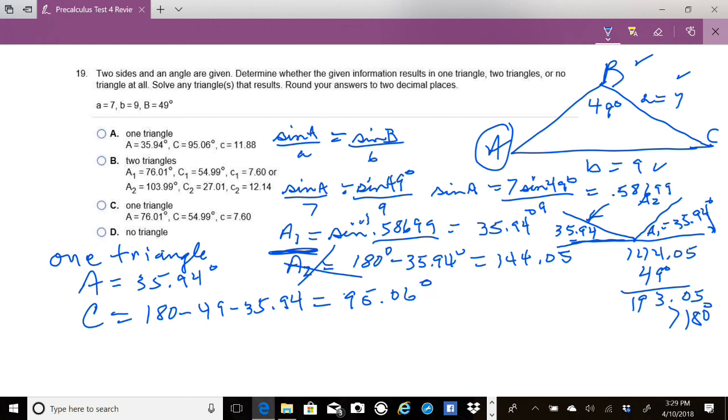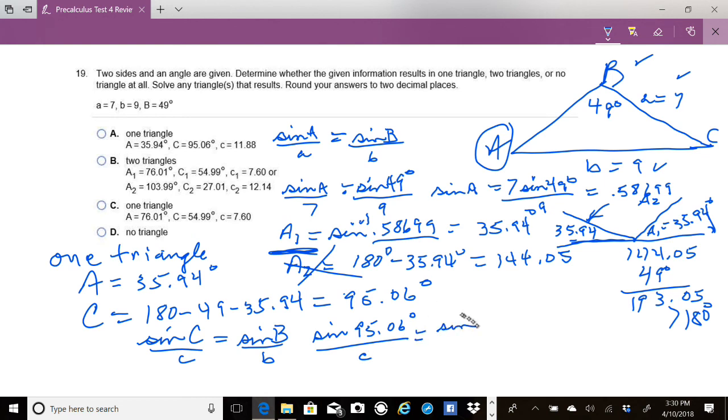And now we can find side C by using sine of C over C equal sine of B over B. And sine of 95.06 degrees divided by C equals sine of B, which is sine of 49 degrees, over B, which is 9.